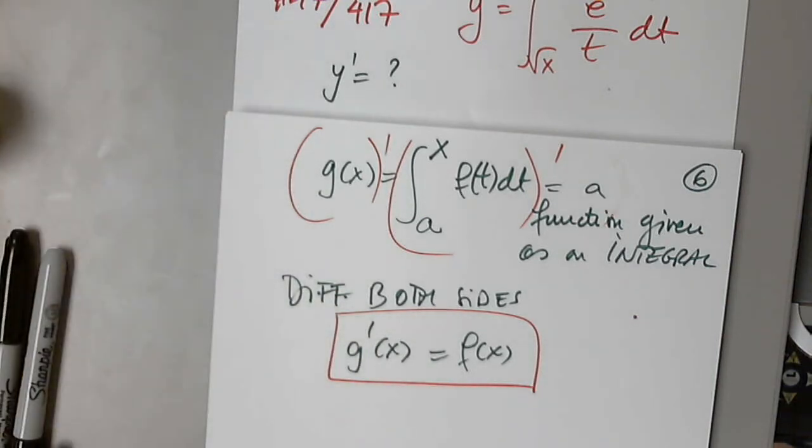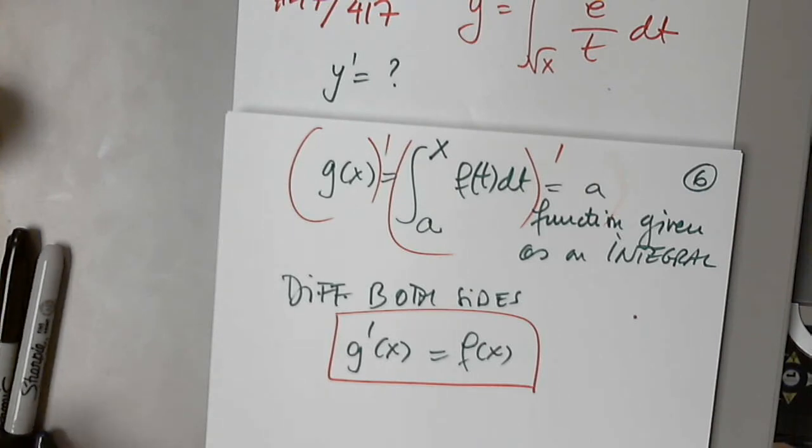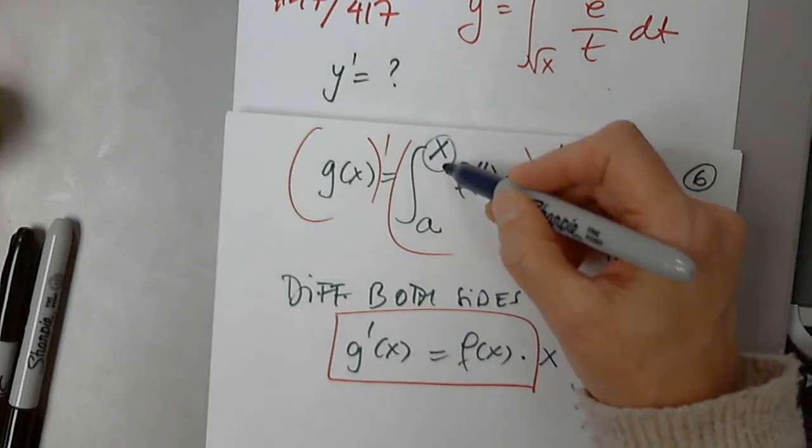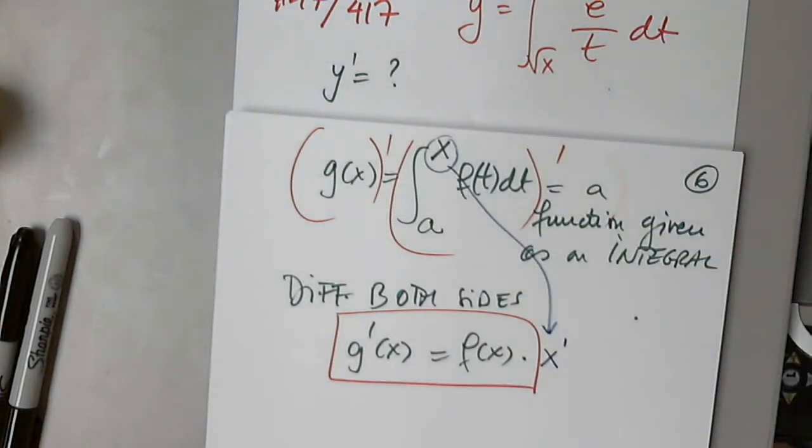But the function is not ready for this. It has to have a constant here. It can have anything here. Maybe I should write here times x prime, just to refresh your memory. I should multiply by x prime. But how come I don't? Because it's 1. Exactly. Thank you.